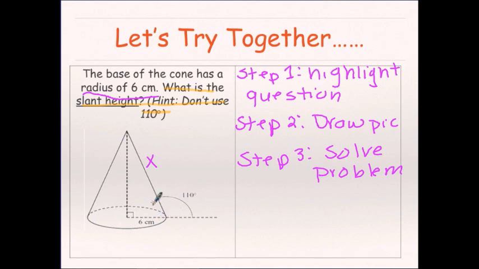If I've already covered 110, to finish this off, the rest of the angle that's going to be right here, I need to do 180 minus 110. Now hold on, let me write it on the other side.